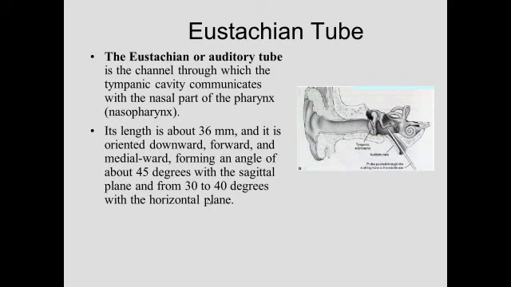A few words are necessary here regarding the Eustachian tube, or the so-called auditory tube, which connects the middle ear space here to the back of your throat, the nasopharyngeal region of your head and neck area.